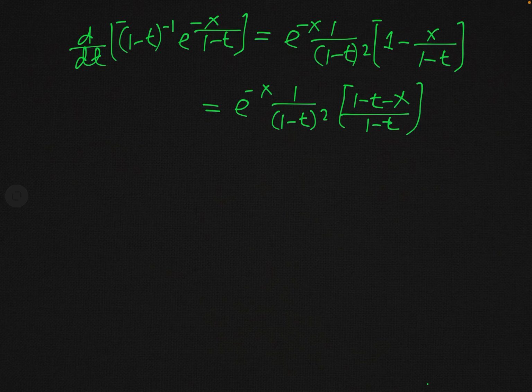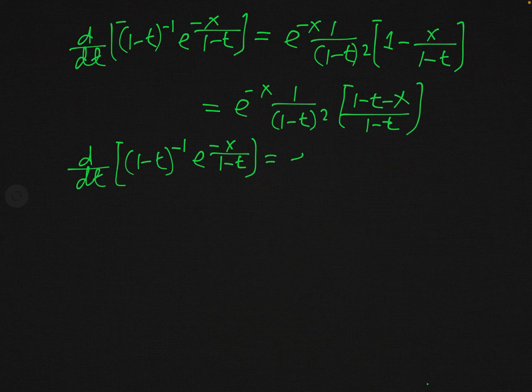So you can write that this d/dt of (1 minus t) raised to the power minus 1 e raised to the power minus x over 1 minus t is equal to what?